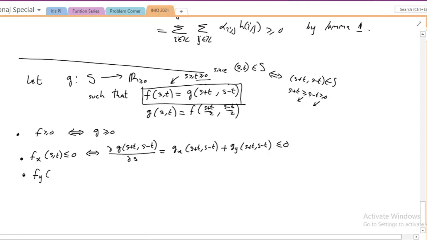F_y(s,t) has to be greater than or equal to 0. Everything will be similar, but not exactly the same. This time we're differentiating with respect to the second one, which is t, and for the first one we still get 1, so this part is the same, but for the second part, s minus t with respect to t will be minus 1.